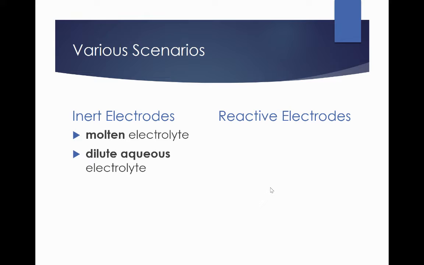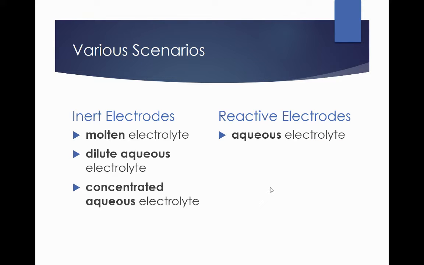And the electrolyte can also be a dilute aqueous solution, or it can be a concentrated aqueous solution. So for aqueous electrolytes, there are two kinds, either dilute or concentrated. And in general, for reactive electrodes, we usually only deal with aqueous electrolytes.